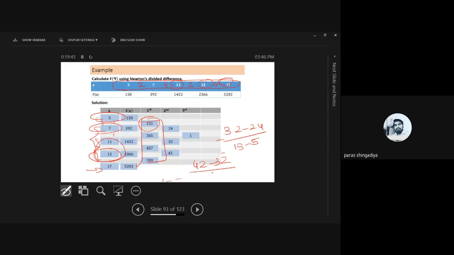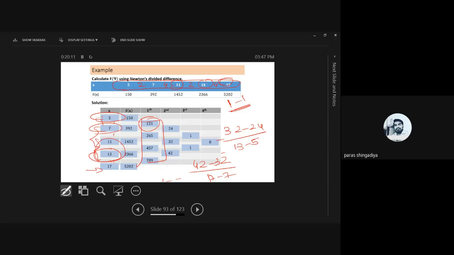So it is 17 minus 7. 42 minus 32 is 10, divided by 10. 17 minus 7 is 10. So 10 by 10 is equal to 1. Clear? So both answers will be 1 in the third divided difference. And now the last one will be 0 there. Why is it 0? Because the difference of 1 minus 1 is 0. And if it is not 0, what will be the denominator?